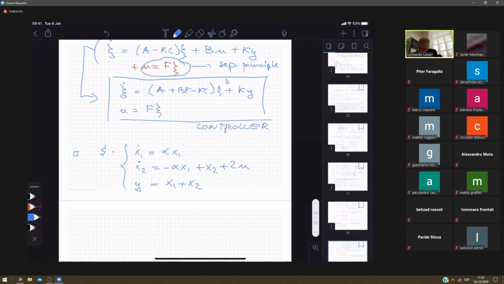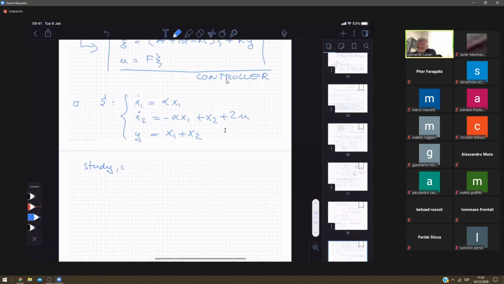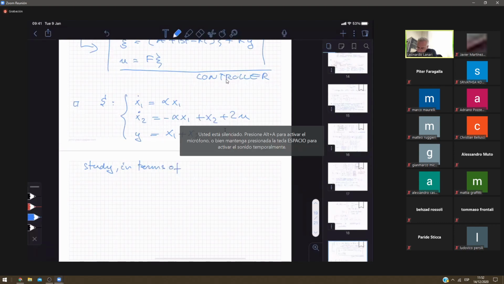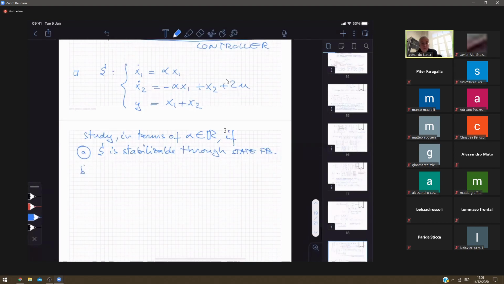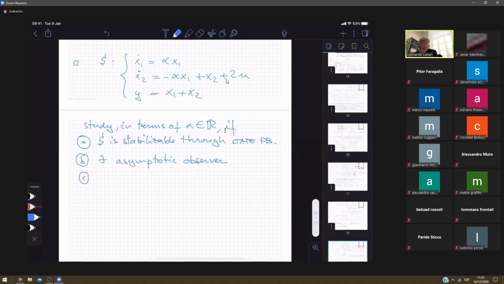Study, in terms of the alpha parameter belonging to R, if system S is stabilizable through state feedback, if there exists an asymptotic observer, and if the system S is stabilizable through output feedback.